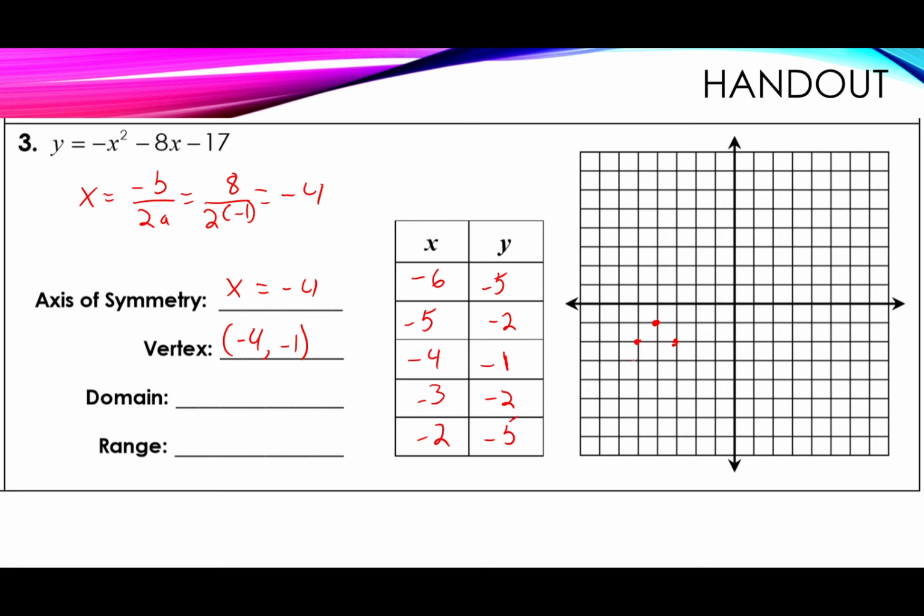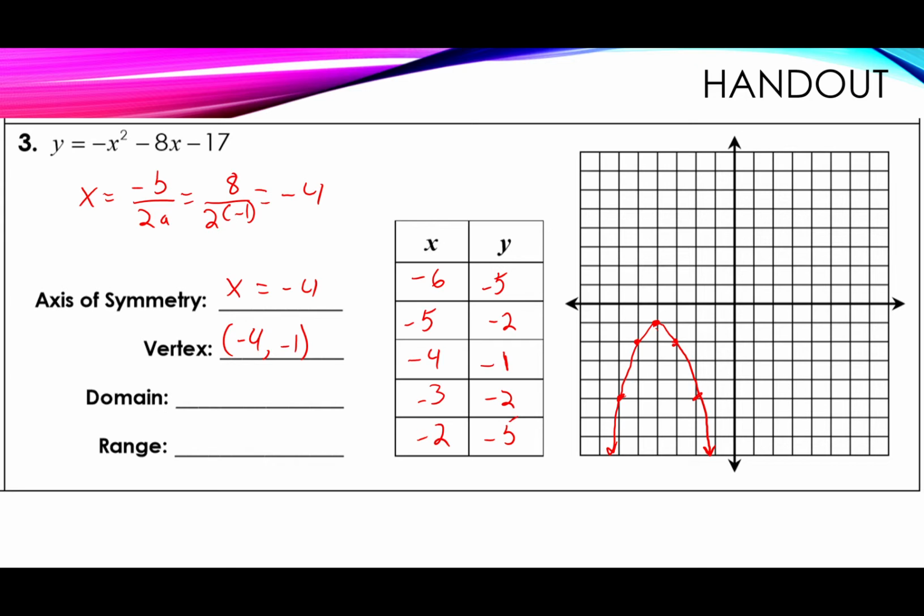When the x is -6, y is -5. So I'm going to have to count down here. 1, 2, 3, 4, 5. Sorry, that was my count impression. Okay, and so my parabola is going to open down, right?